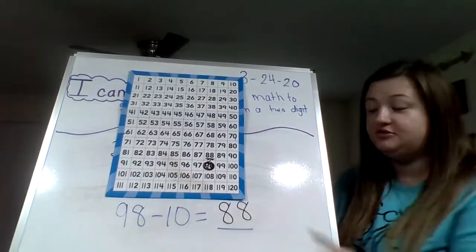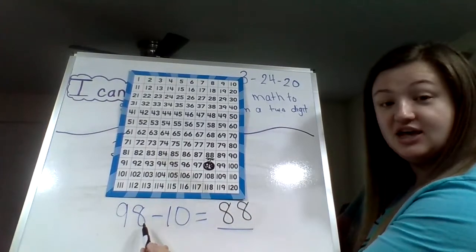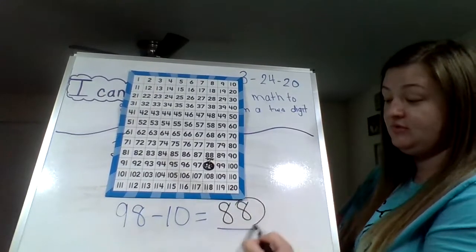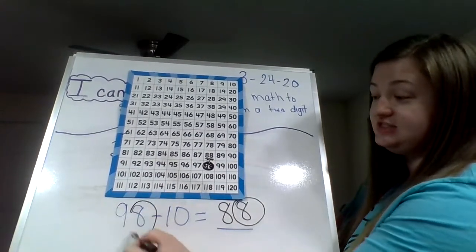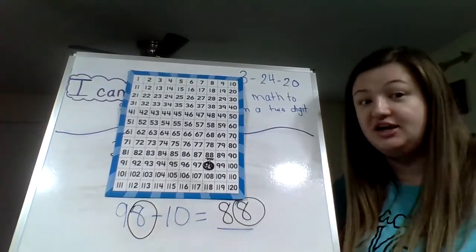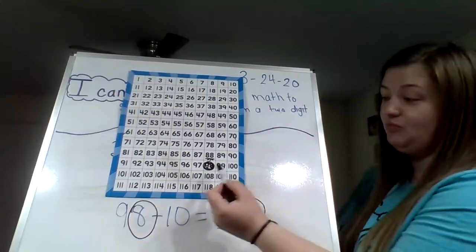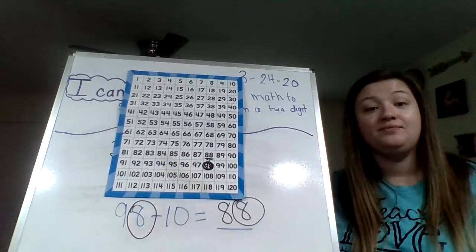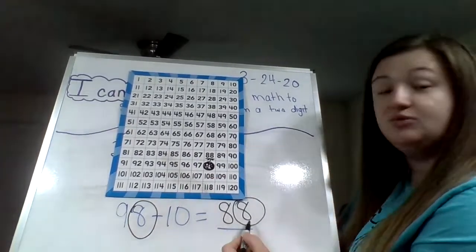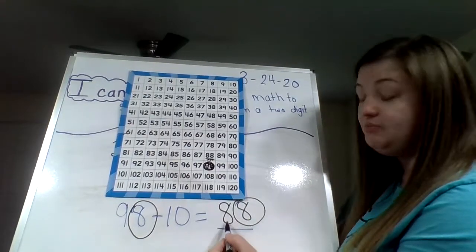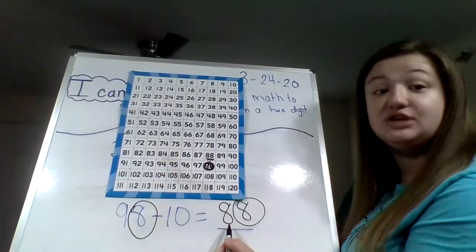Now, do you see what number is the same from 98 and 88? That ones digit is still the same. It did not change. The only thing that changed was the 9 went to an 8 when we subtracted 10, okay? So that shows you the ones digit does not change if you're just subtracting 10, but the tens digit will change.